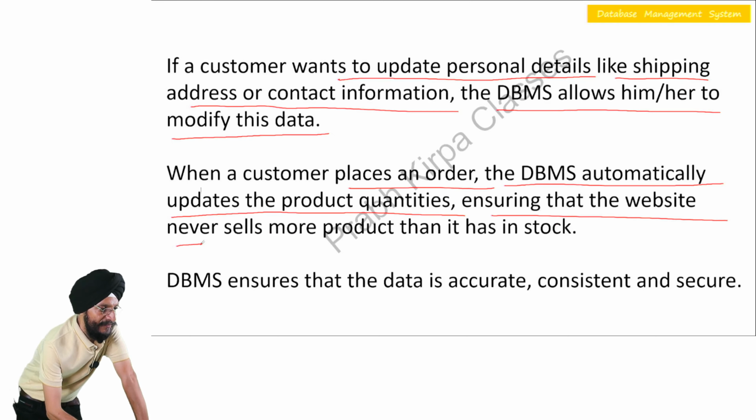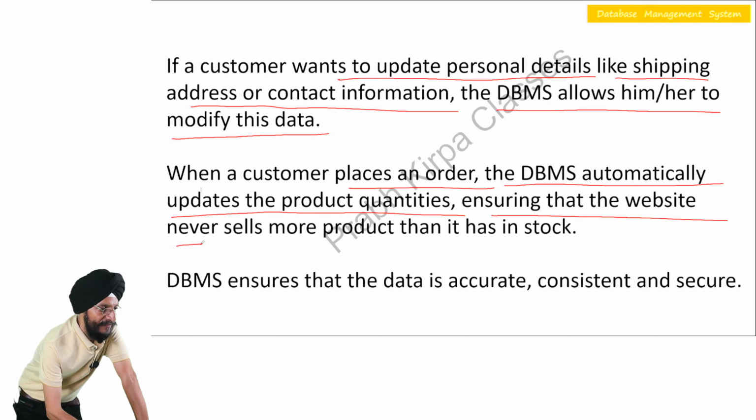Next is data storage and organization. DBMS is responsible for efficiently storing large volumes of data and arranging it in a structured format. By organizing data, it becomes easier to manage and retrieve it. Retrieve data means fetching the data.